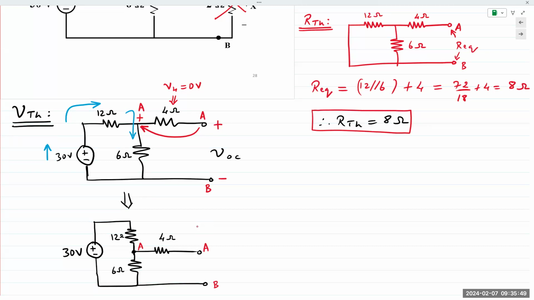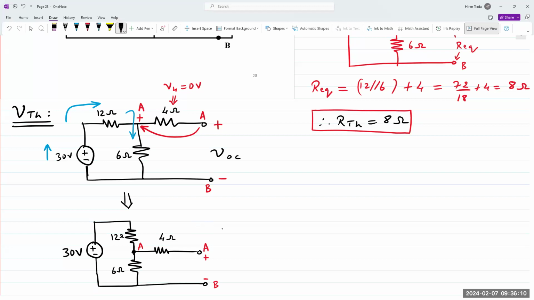Yeah, it gets split or divided. You can apply voltage division, or you can apply Ohm's law, find the current flowing through the circuit, apply Ohm's law again to find the voltage across that 6 ohm resistor.